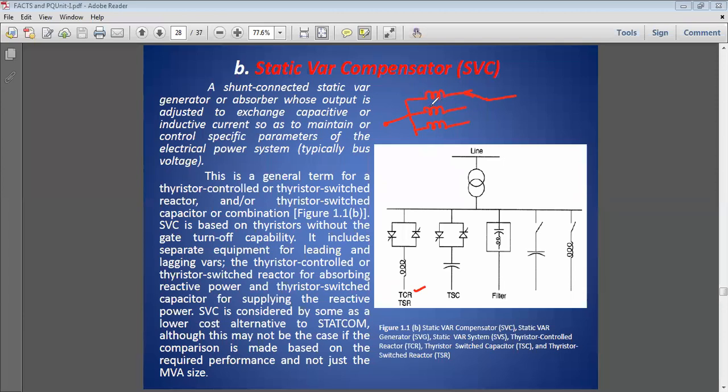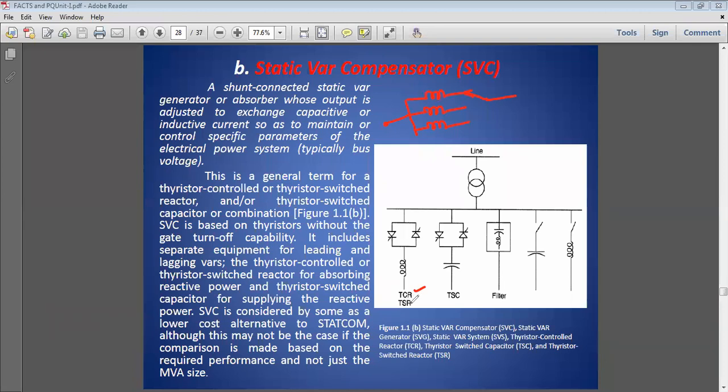Say 100 MVAR, 150 MVAR, 175 MVAR, selected with the help of the selector switch position number 1, 2, 3, and so on.